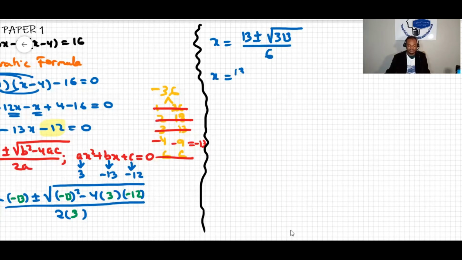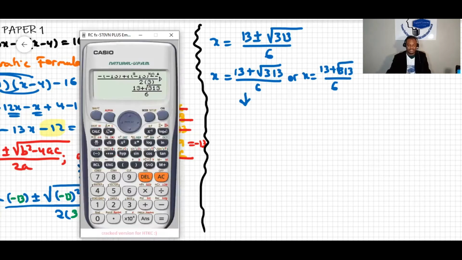So with the plus, we write it like this, or with the minus, it's going to be, I'm not going to have enough space here, 13 plus root 313 all over 6. Now over here, we can just press the S-D button to see the decimal value of that.